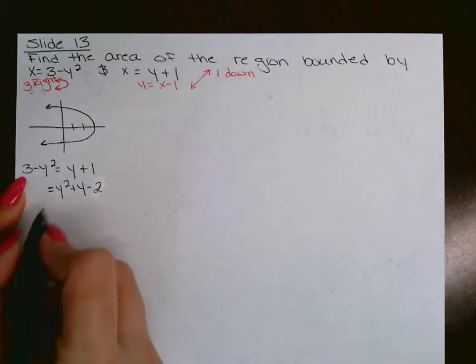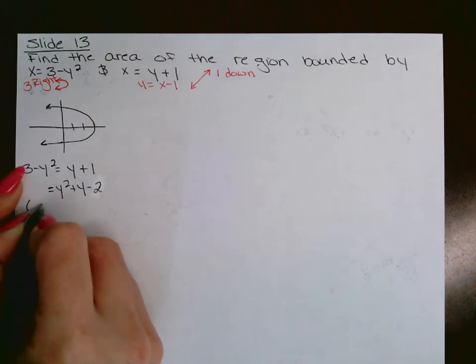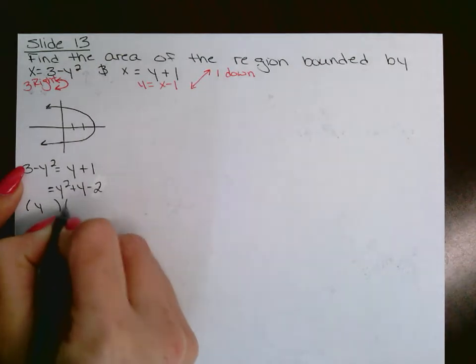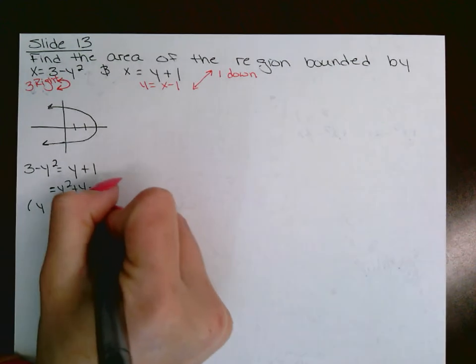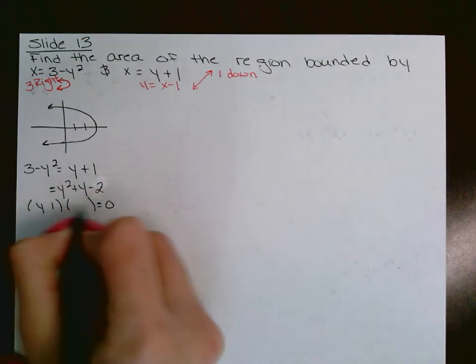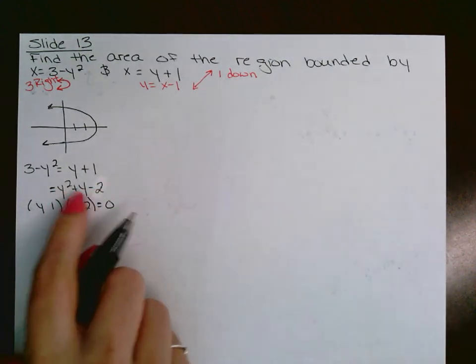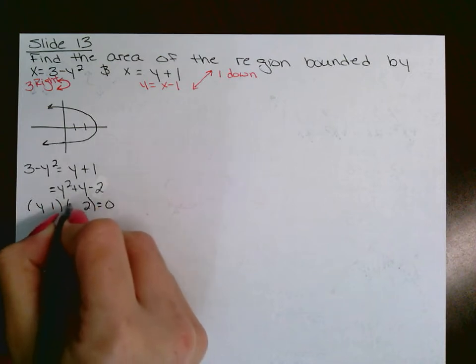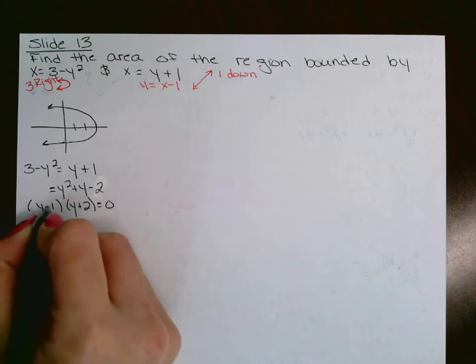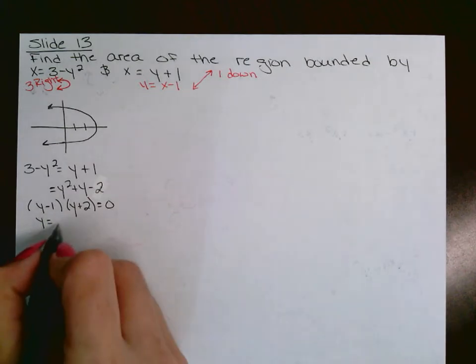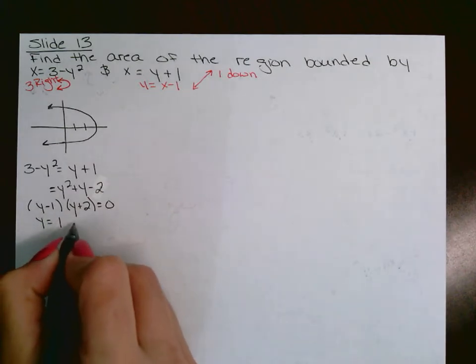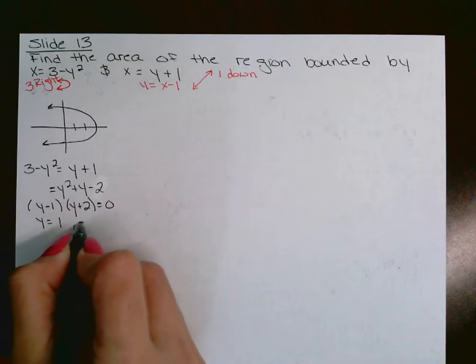This gets factored into two binomials. Two numbers that multiply to give me negative 2, but combine to give me positive 1. Good, because my middle term needs to be positive, my bigger number needs to be positive. So they're going to intersect when y is positive 1 and when it is negative 2.